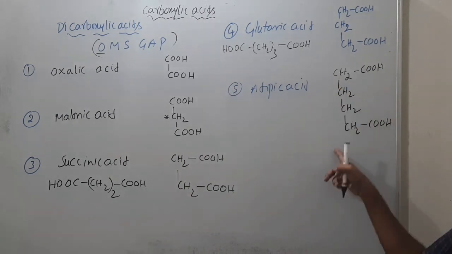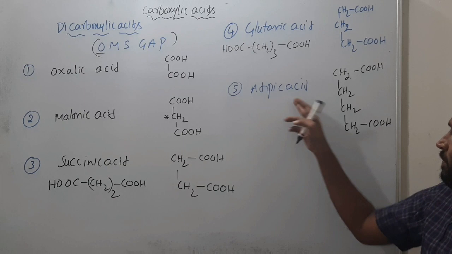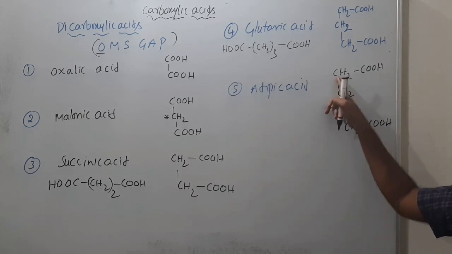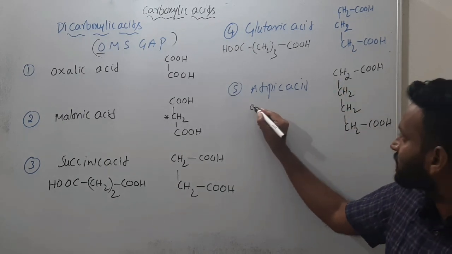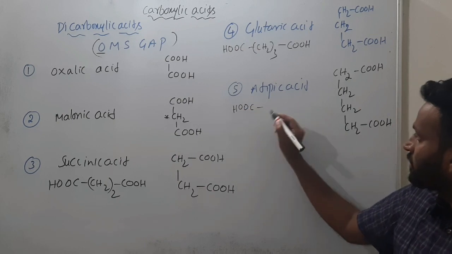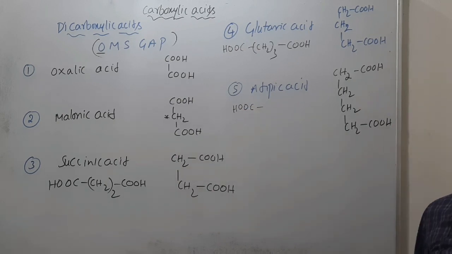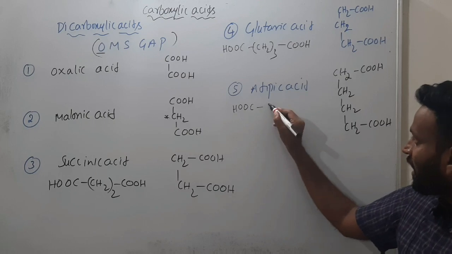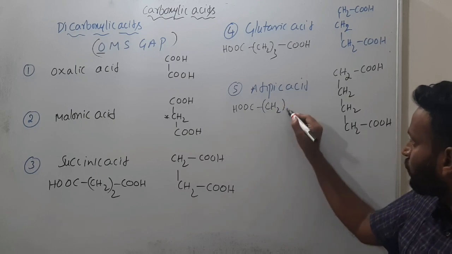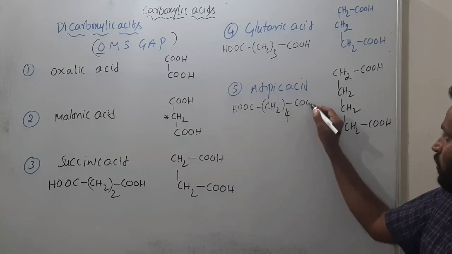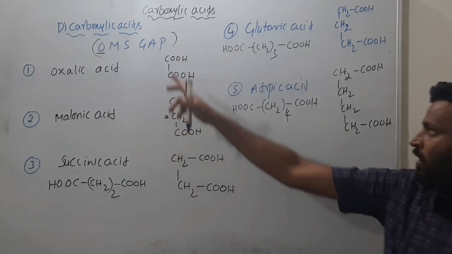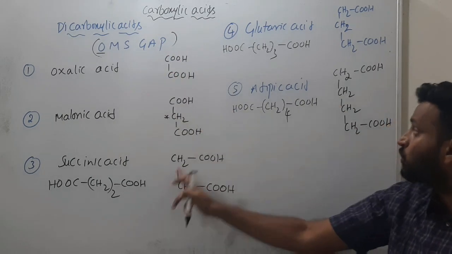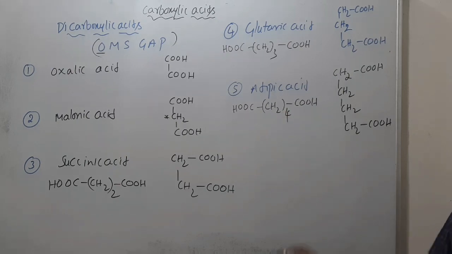See what happened? The number of CH2 groups is increasing or not? Adipic acid has CH2 four times: COOH, CH2 four times, and COOH. Here no CH2 at the ends. 1, 2, 3, 4 here.